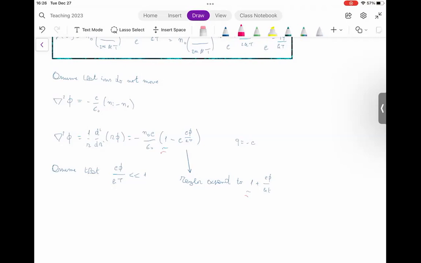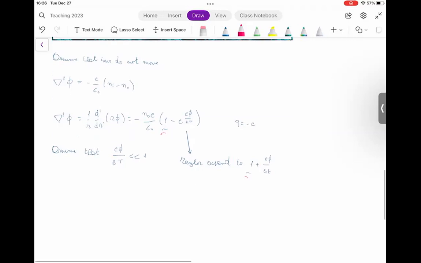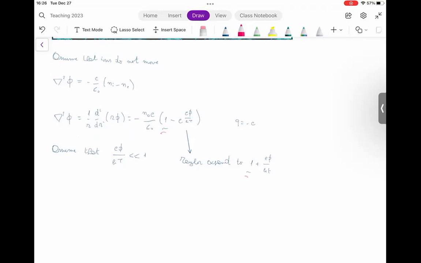Okay, then I can replace this expression up in my brackets, and that gives me the equation to solve. Oops, sorry. Forgot to change my pen.